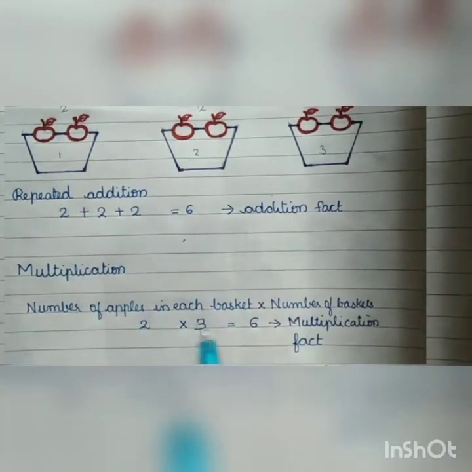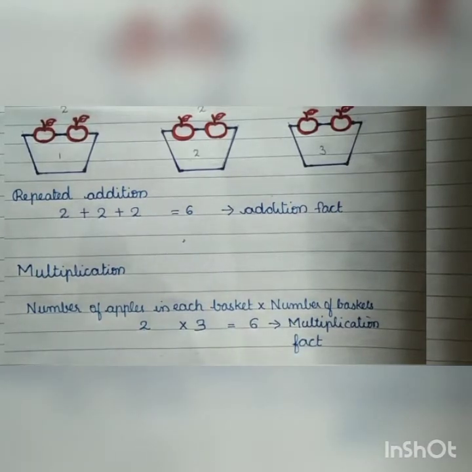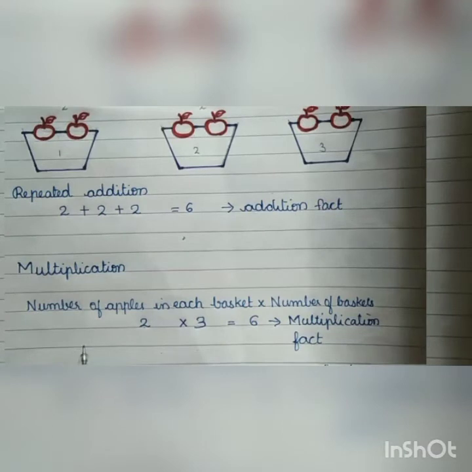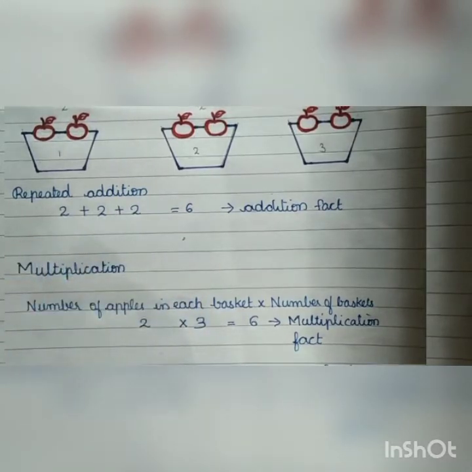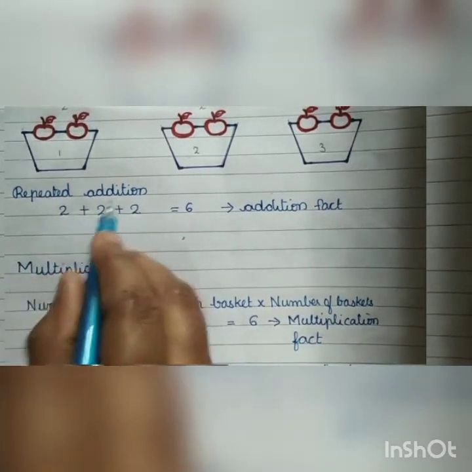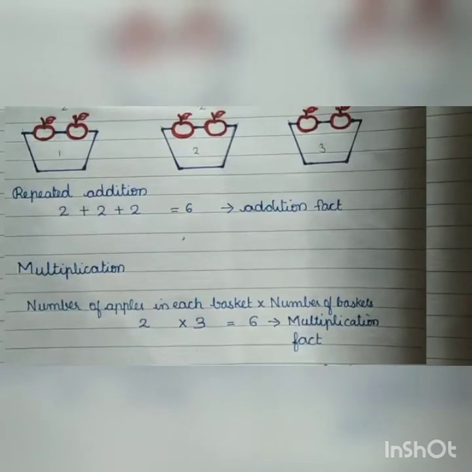And the statement 2 into 3 equal to 6 is called multiplication fact. From this example, it is clear that we can find the multiplication by repeated addition. Or we can say that multiplication is repeated addition.